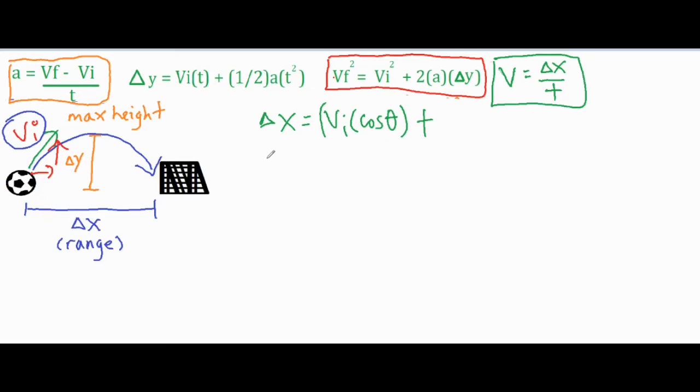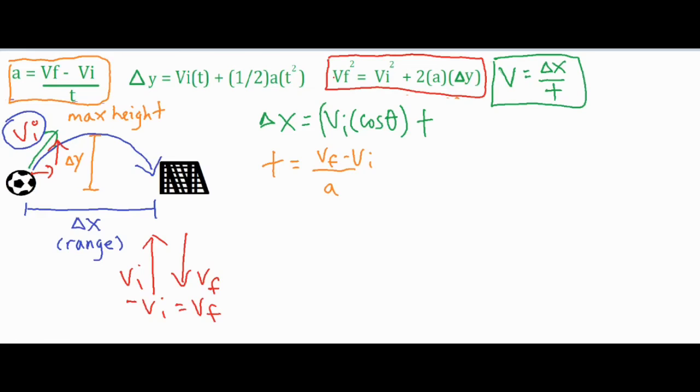If we cross multiply, the t and the a switch places, so a drops down there, and it's going to be vf minus vi. Now, one important idea is that when something gets tossed up with a certain vertical initial velocity, it's going to come down and have the exact same velocity as the initial velocity, but with a different sign, which means negative vi equals vf, or vice versa.